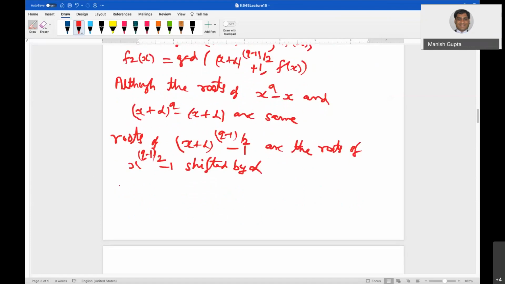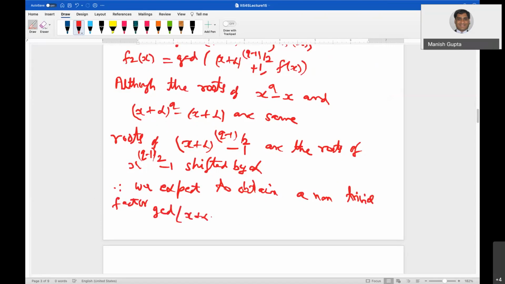Therefore, we expect to obtain a non-trivial factor, GCD of (x plus alpha) raised to power (q minus 1)/2 minus 1 comma f(x), of f(x), for some alpha.